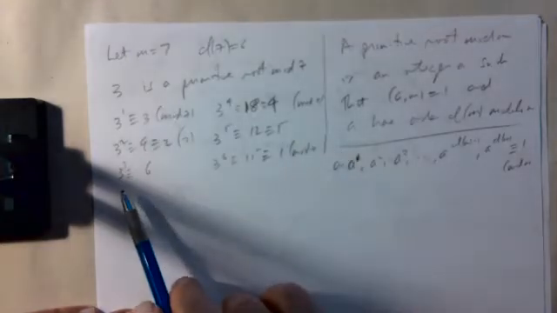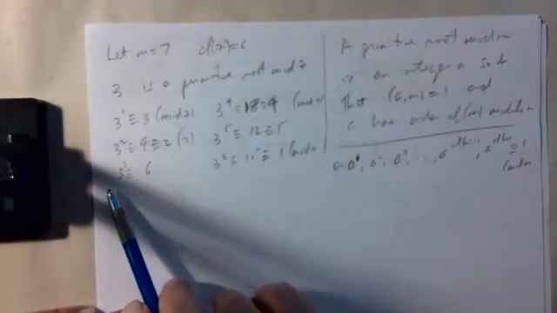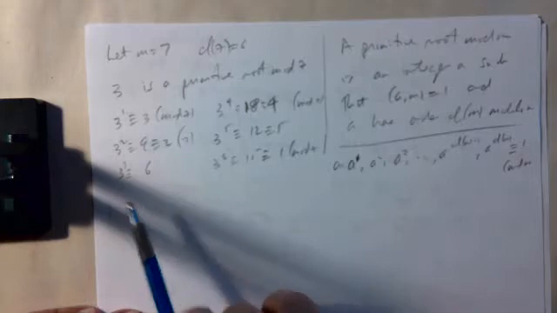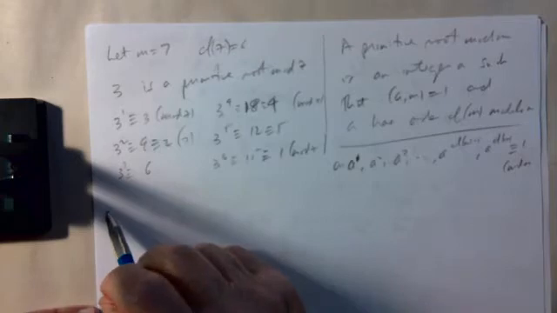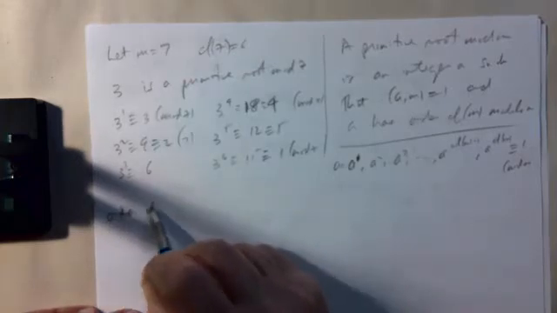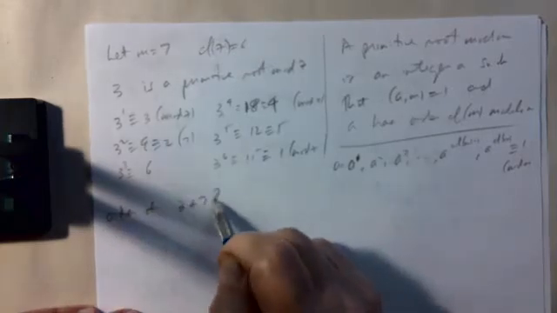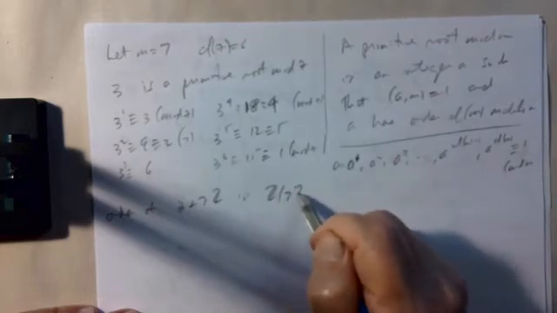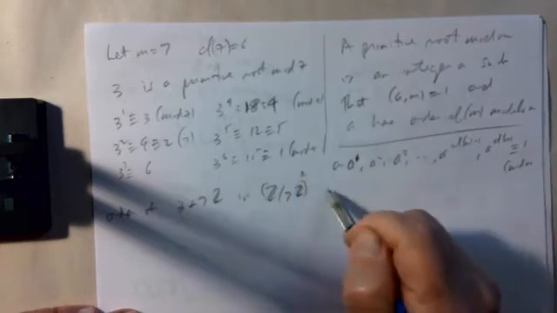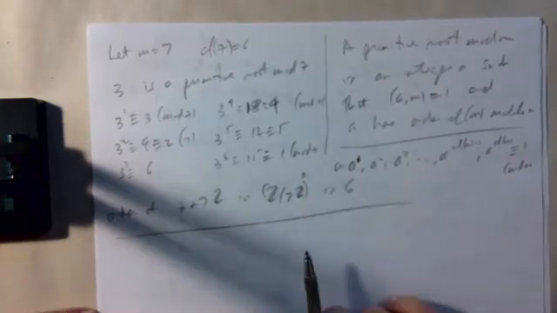Those are exactly representatives of the congruence classes relatively prime to 7. So 3 is a primitive root mod 7. Another way of saying that is the order of 3 plus 7Z in the group Z mod 7Z star is 6.